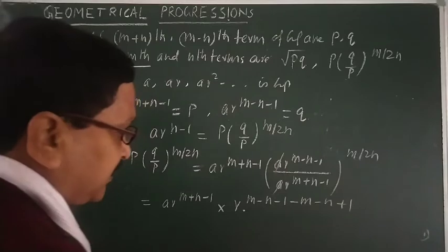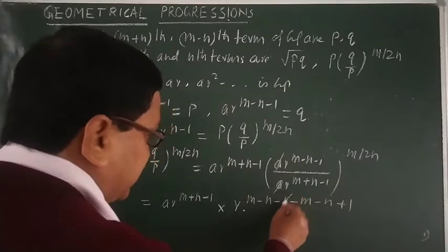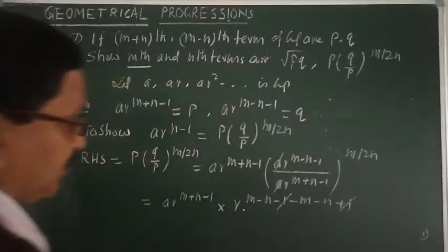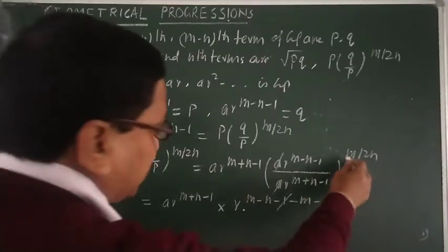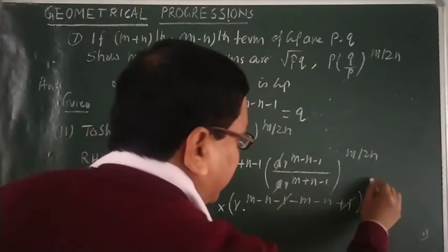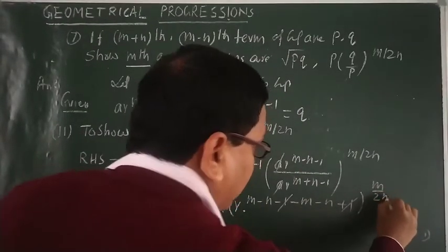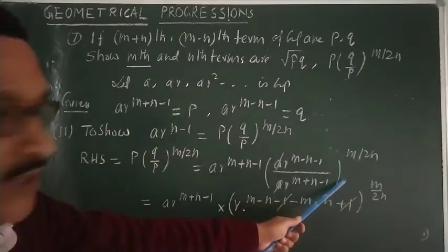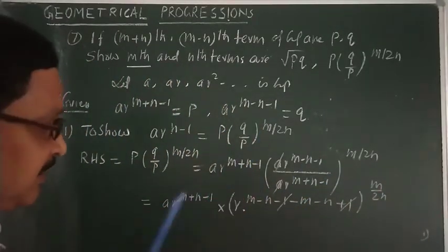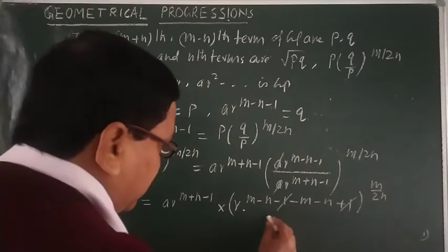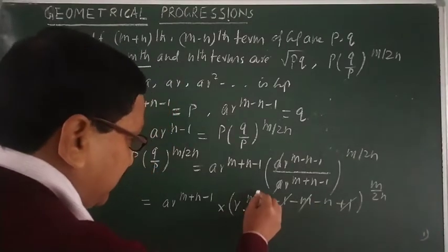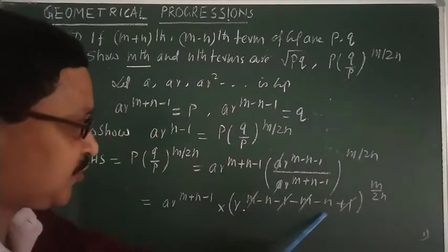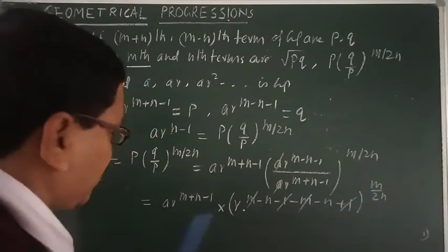So what cancellation is there? 1 and 1 cancelled, and the whole to the power m by 2n. This power should also be written according to RHS. Now this m also cancelled. We are left with minus 2n to the power m by 2n.